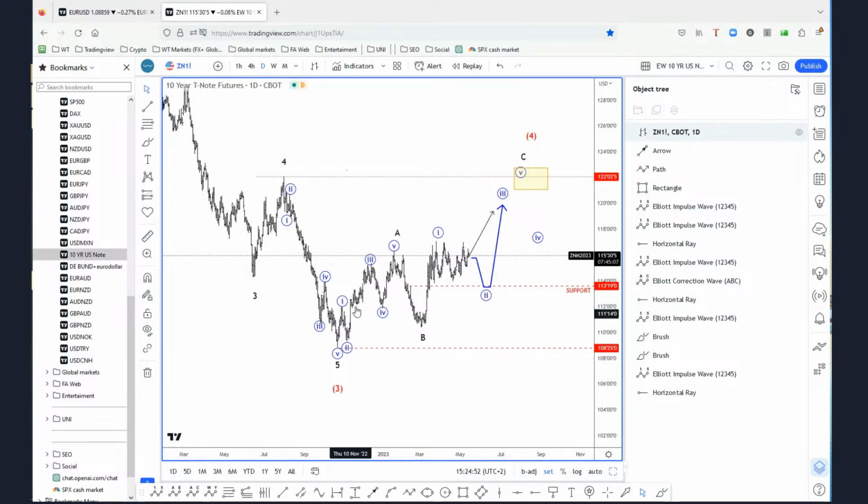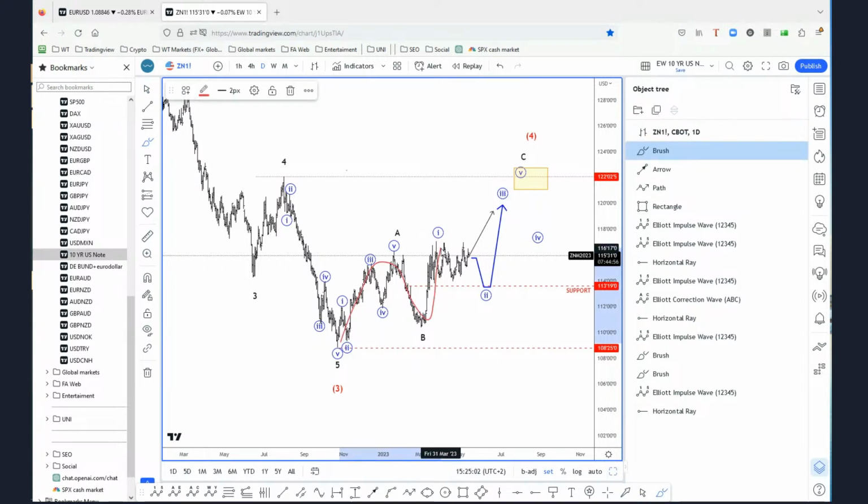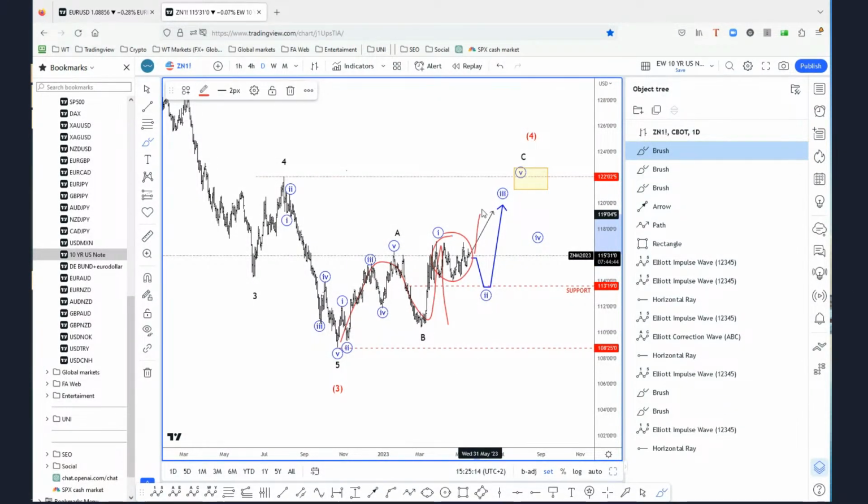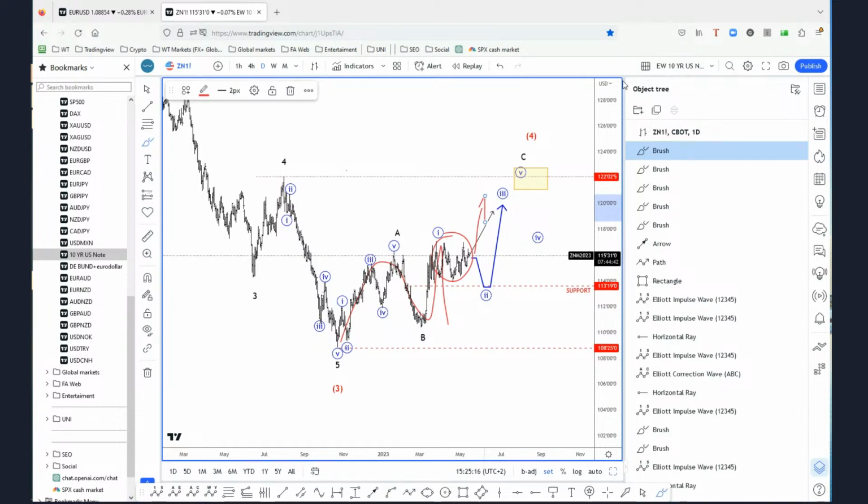This was a very nice recovery in 5 waves, sharp wave B, and a new bounce higher, but now, and that's a key, this sharp move to the upside was not reversed by a sharp drop, but instead we are seeing a consolidation.